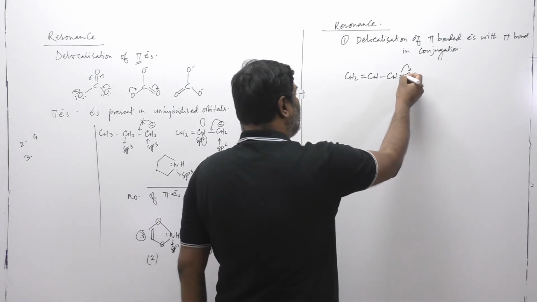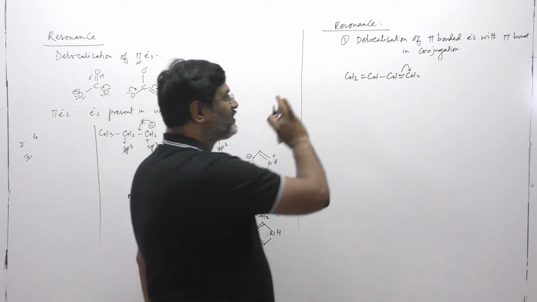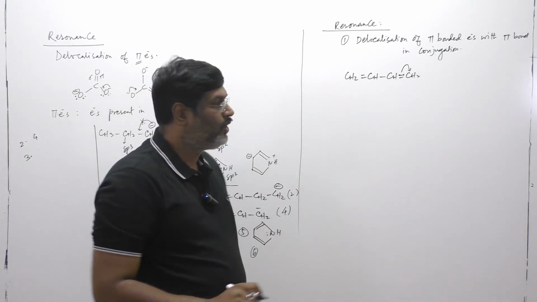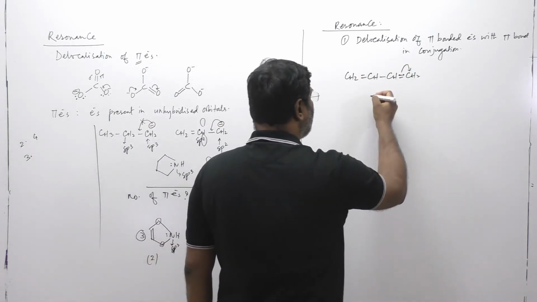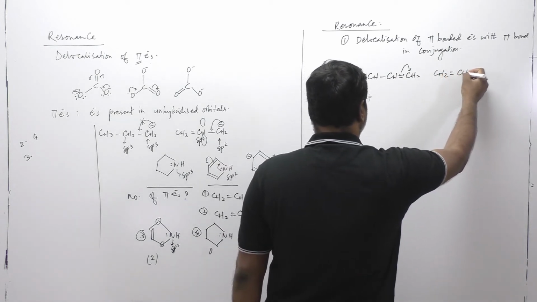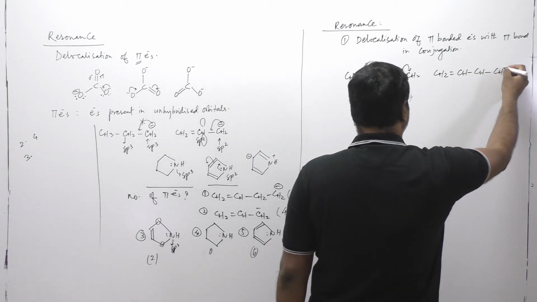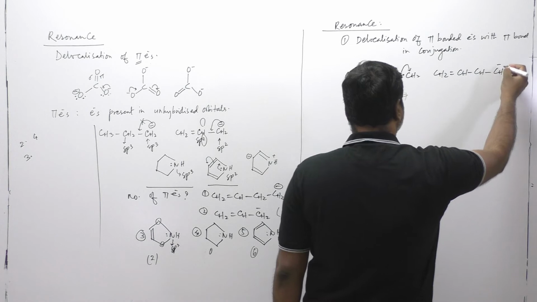One electron is contributed by this carbon, the other electron by that carbon atom. So when both the electrons come here, you write the resultant structure like CH2 double bond CH, CH, and here CH2 minus.